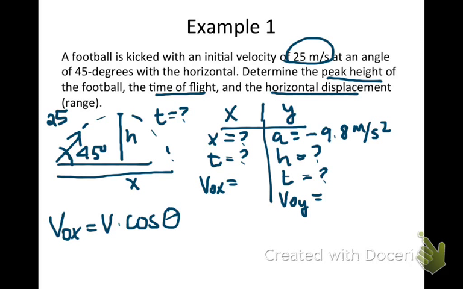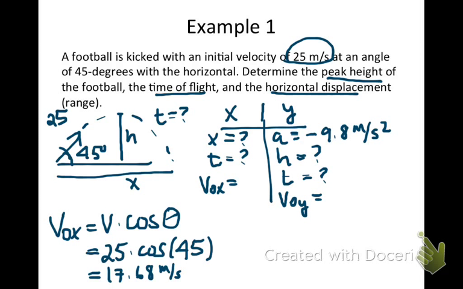Because cosine trigonometrically gives you the adjacent side, which is the x horizontal part. So when we plug in our numbers, we have 25 times cosine of 45, and that gives us 17.68 meters per second. So I'm going to write that into my givens chart.